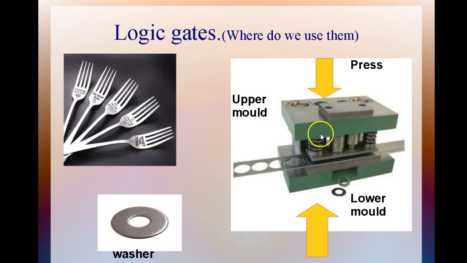I taught you about, for example, washer manufacturing or fork manufacturing or many metal objects, where we use a press. A press has two molds, an upper mold and a lower mold. Just by pressing the upper mold against the lower mold, I obtain these shapes.